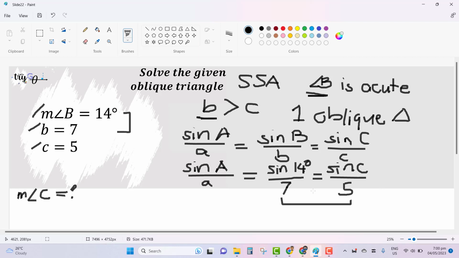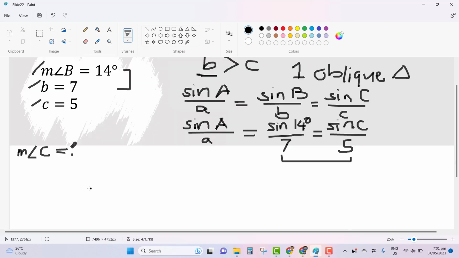To solve for that, let's use the fundamental law of proportion, or cross multiplication. You will get 5 times sine 14 degrees on one side, and on the other side, you will get 7 sine angle C. Since it's angle C that we're looking for, we will divide this by 7 and divide the other side by 7 as well.